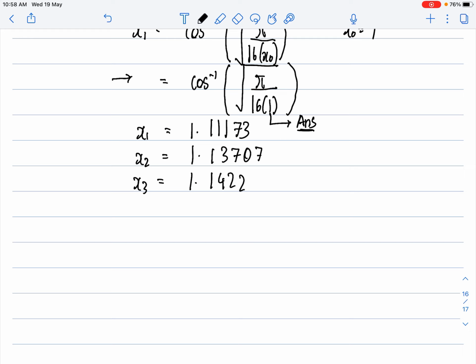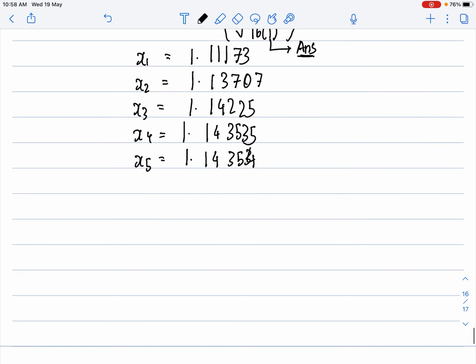Just click on equal to, no other button. Now you can keep on spamming the equal to button. So now you get 1.143535. Now you get x5 as 1.143534.